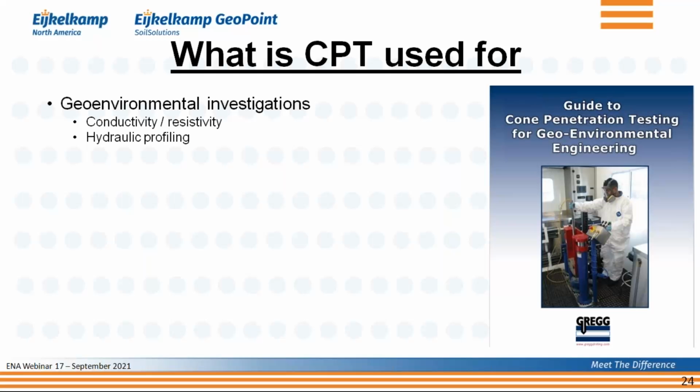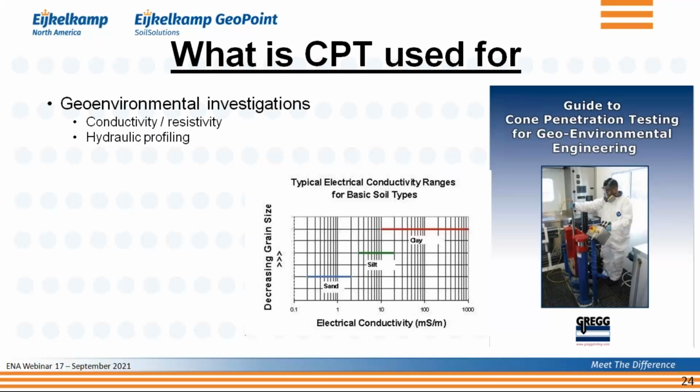The first items that I want to identify have to do with geo-environmental investigations: conductivity or resistivity, and hydraulic profiling. As you see here, with a different type of soil, not soil behavior, but a different soil type really, the electrical conductivity changes quite a bit.